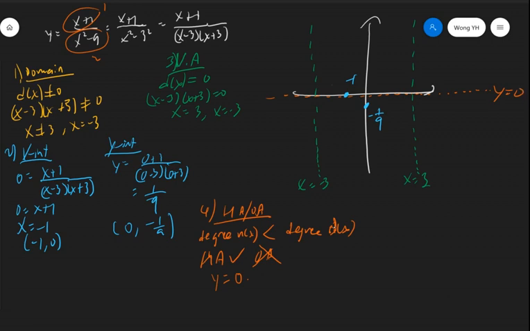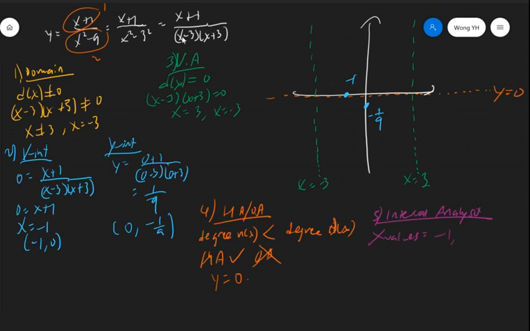Before we can complete the graph, we have to do one last step, which is the intervals analysis. For this one you have to get the x values first. How do we get the x values? You set the top to 0 and get minus 1.